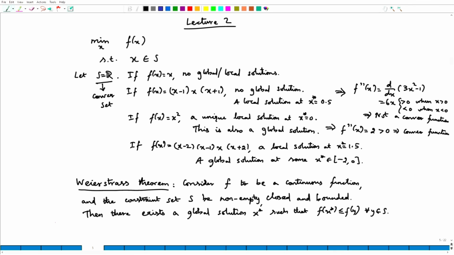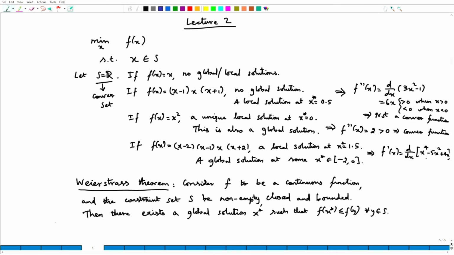And yeah, the final example, we will now find if this function, the quartic function that we have at the end, is a convex function or not. Okay. So, it can be written as, so f dash of x is d by dx of x power 4 minus 5x squared plus 4x. Okay.